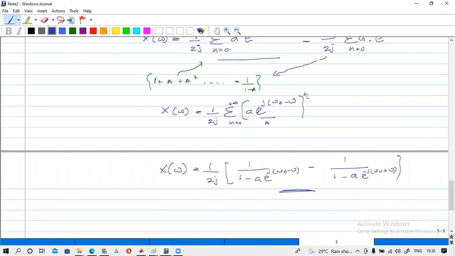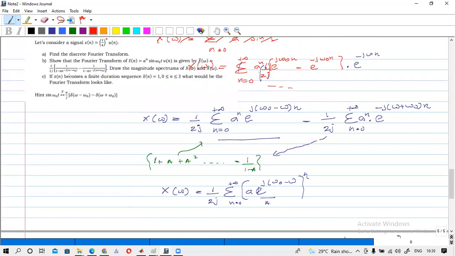But here we don't have a minus sign, no? So have we made any mistake? This part is okay, and we are having a problem with this minus sign. Here it should be minus according to the answer. So have you missed anything?